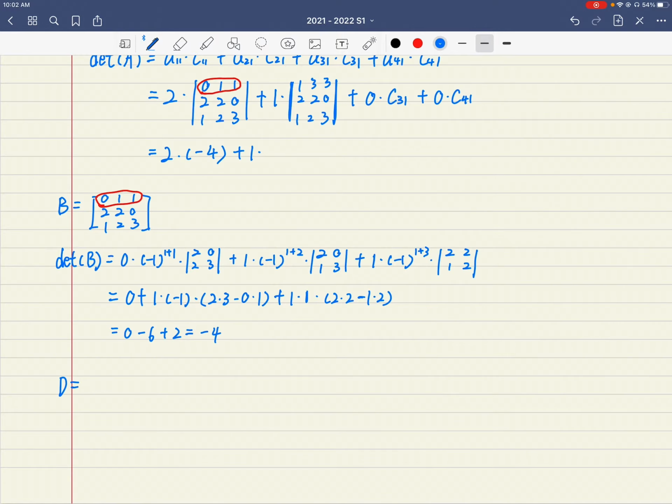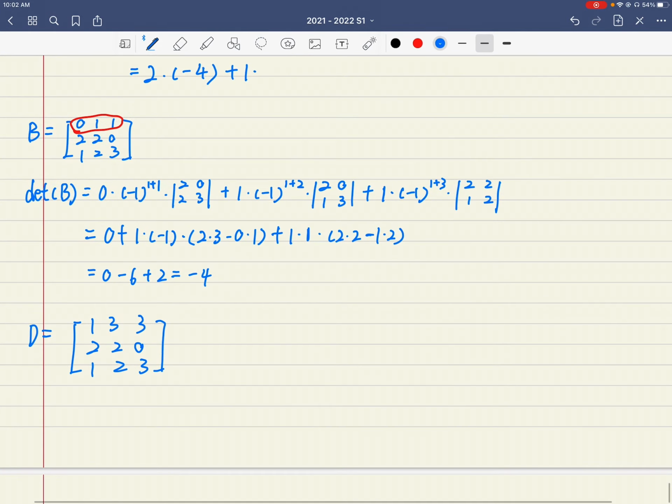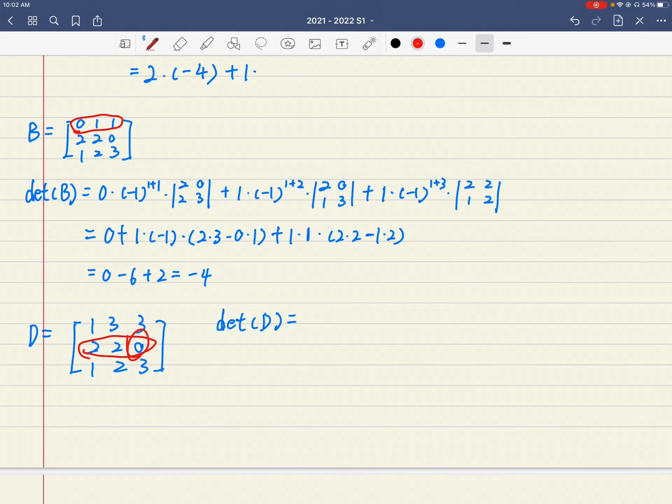Let's call this matrix D. It is [1, 3, 3; 2, 2, 0; 1, 2, 3]. Again, the determinant of this matrix: first, we need to pick a row or column. Let's just pick the second row because here I have a 0.